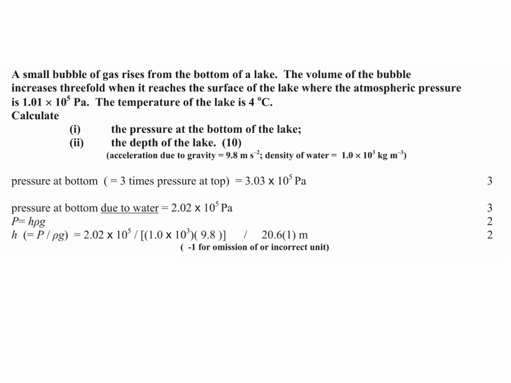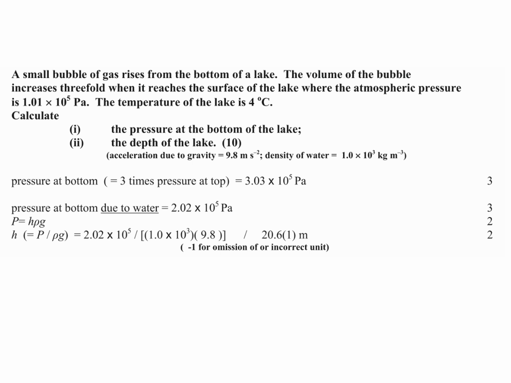The calculations then. So it tells us that the volume of the bubble increased 3-fold. So that means its volume increased 3 times from the bottom to the top. So then the pressure will have decreased 3-fold, going from the bottom to the top.